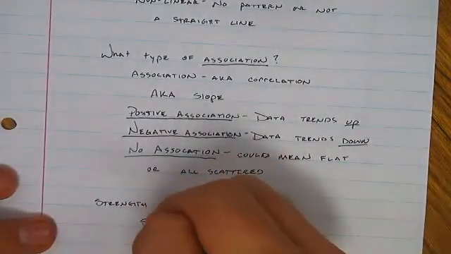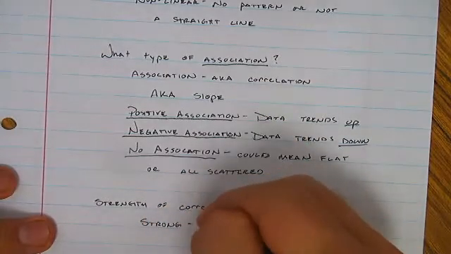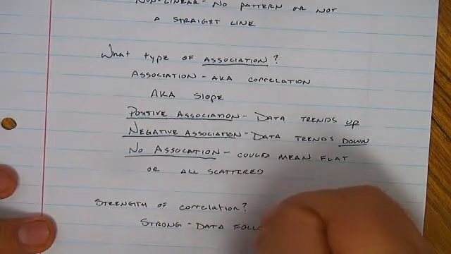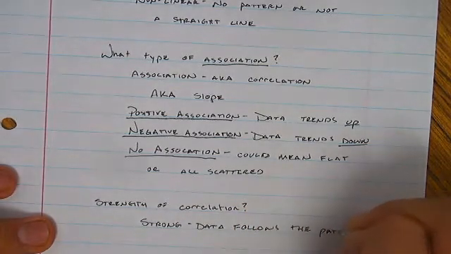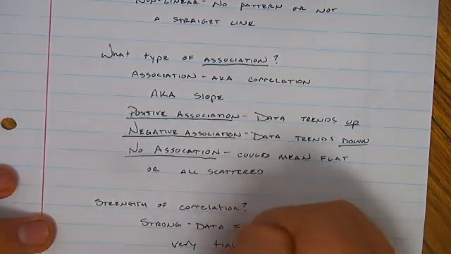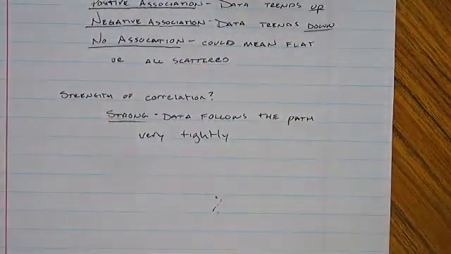So a strong association means data follows the path very tightly. So it's a very strong association or a strong correlation.